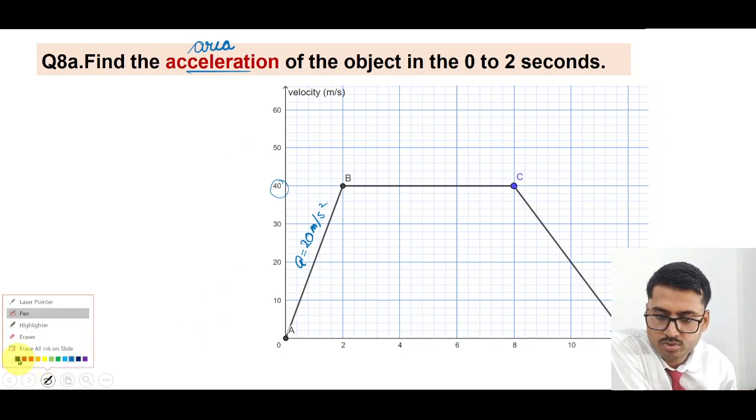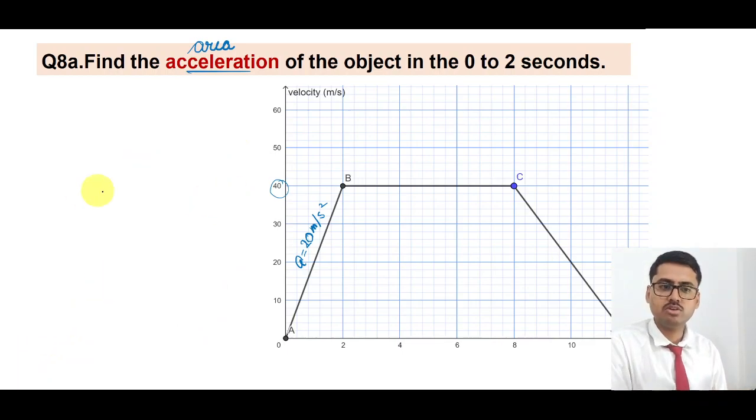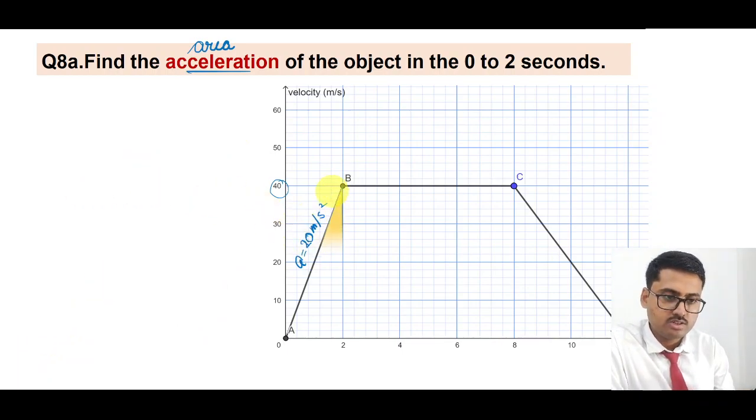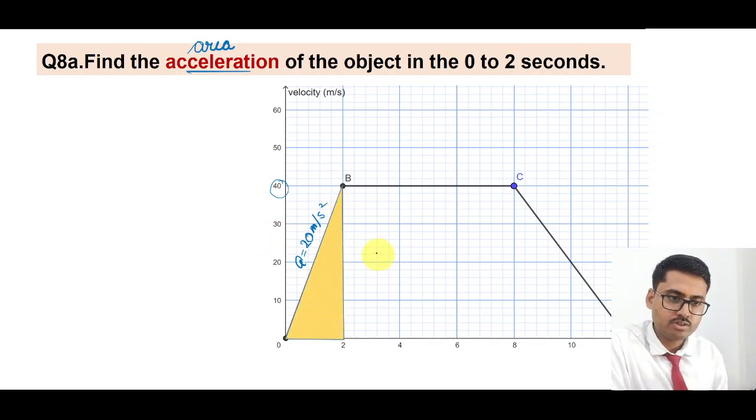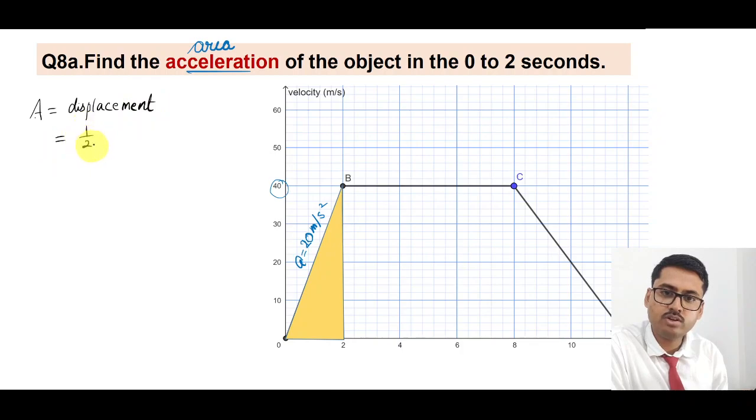So how can we calculate the area over here? You can see here we have a triangle, so we can take the formula as area is equal to displacement, that is what we are trying to find over here, and that will be equal to half into base into height. Just identify what is base.